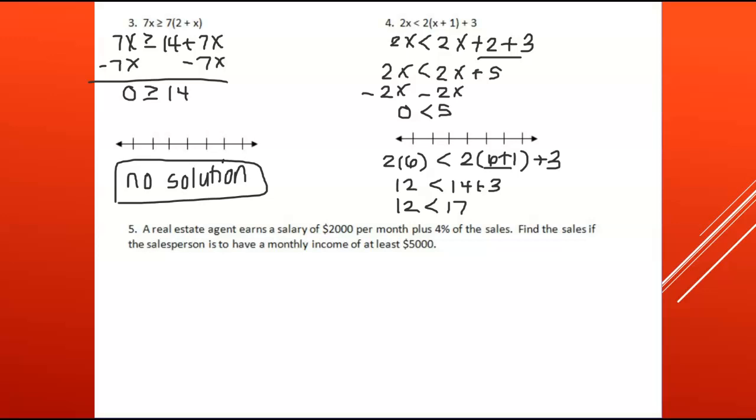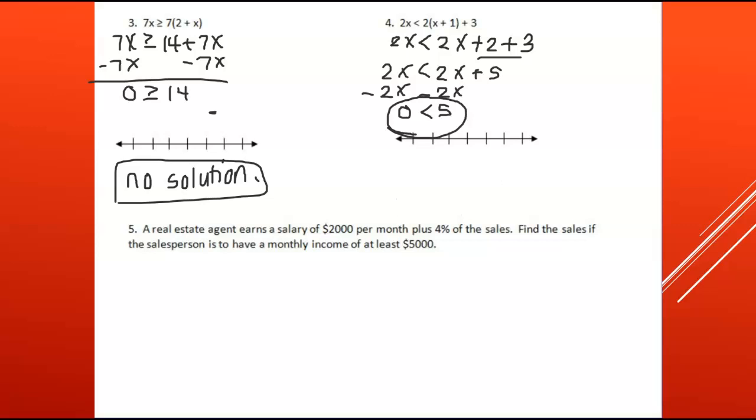If you get something without a variable, if it is false, it's no solution. If there's no variable in your answer and it is true, what's kind of like the opposite of no solution?